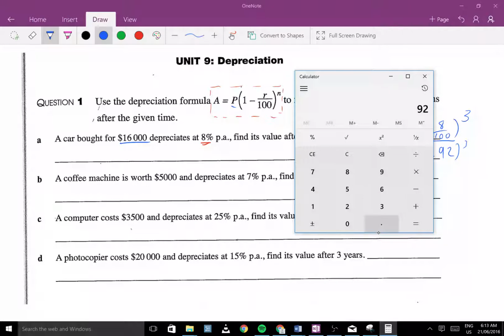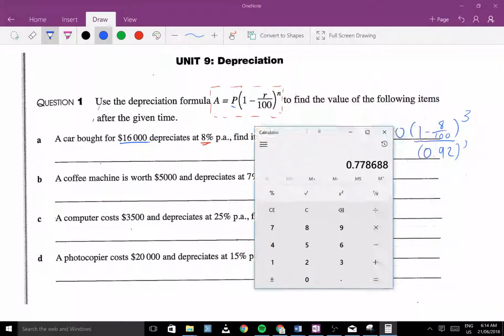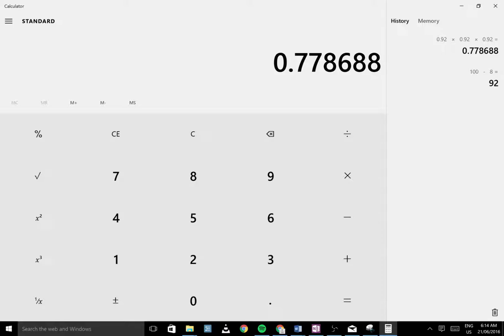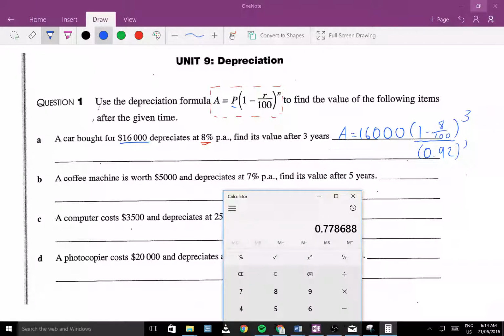I can go 0.92 once, times 0.92 twice, times 0.92 three times, equals 0.77888. Okay, so that's 0.92 to the power of 3.